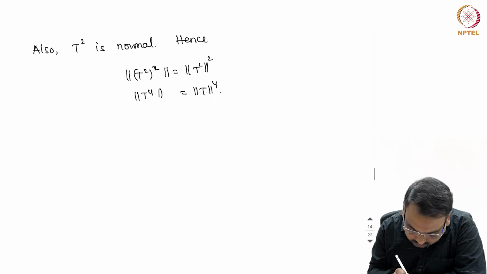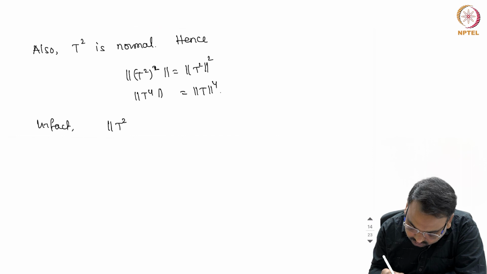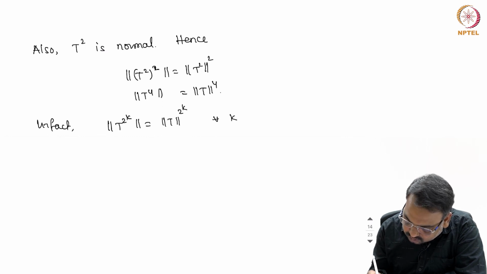In fact, we can show that norm T^(2^k) is norm T to the power 2^k for every k in N.